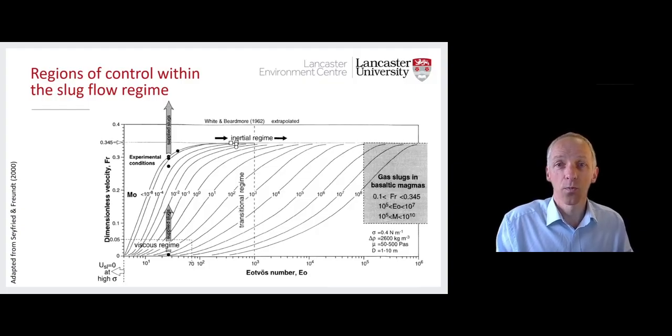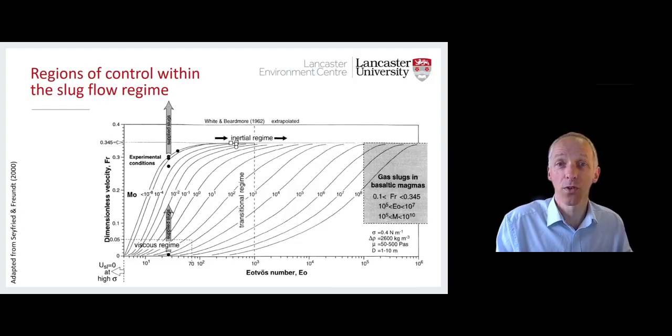On the vertical axis, we have the Froude number, which represents a dimensionless velocity. This has been plotted against the Eötvös number for different curves of Morton number. So each curve shows a dimensionless velocity expected for gas slugs of a particular Morton number over a range of Eötvös numbers.